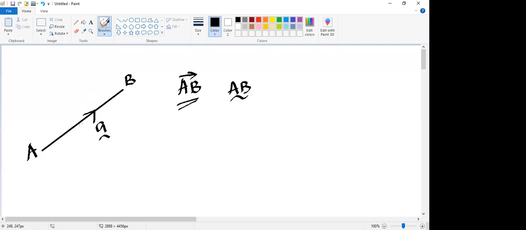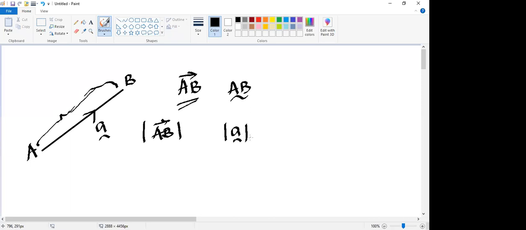Then the length of this vector, from the point A to the point B, gives us the magnitude of that vector. When we are denoting the magnitude, we write it as the magnitude of vector AB, or the magnitude of the vector a.